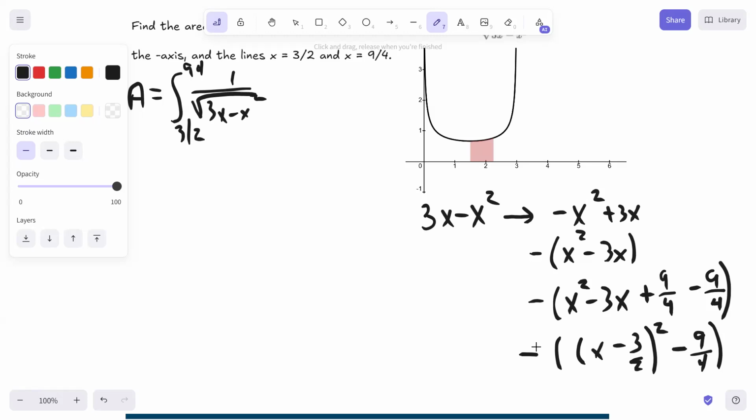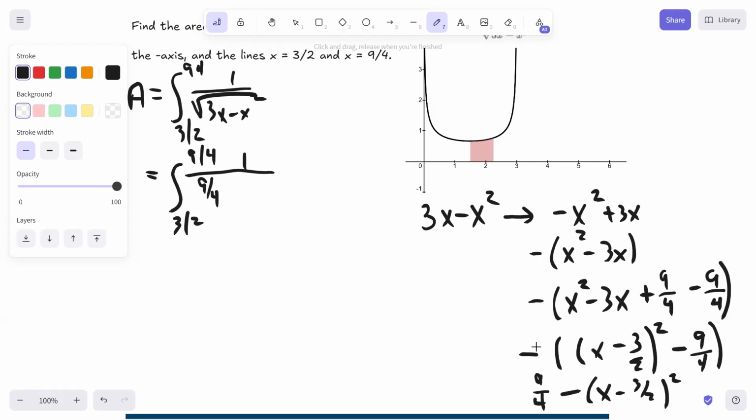So if we distribute that negative back in and rewrite it, you would have 9/4 minus x minus 3 halves squared. So this is going to be the integral from 3 halves to 9/4 of 1 over 9/4 minus x minus 3 halves squared dx.